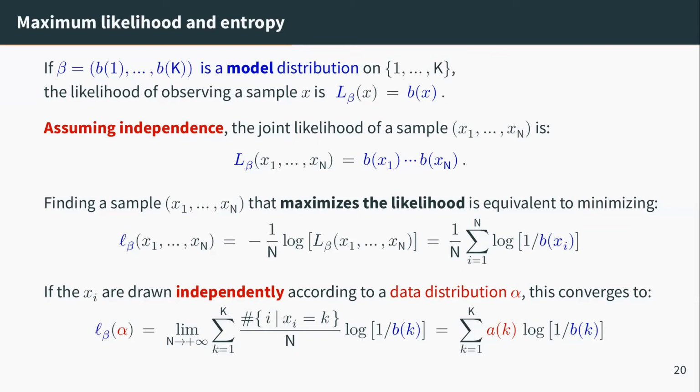Okay, and so that's where those terms come from. Basically this term, which is called the cross entropy of alpha with respect to beta, just appears as the limit of this likelihood function when the number of samples goes to infinity. Okay, so that's L beta of alpha. And this is the thing that we'd like to minimize.